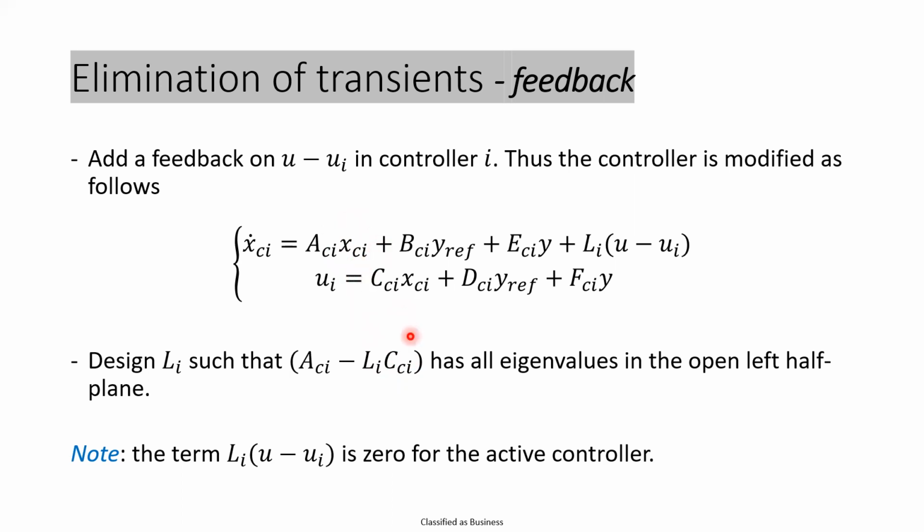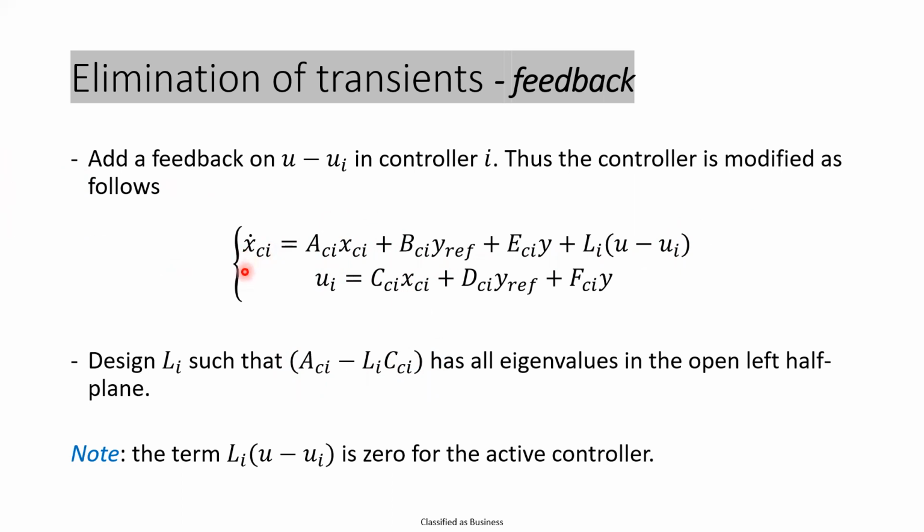So it will actually change all terms in the first equation, but the most important term is the one that you have here. Why is the first one the most important? Because on the left side you have X dot of Ci.